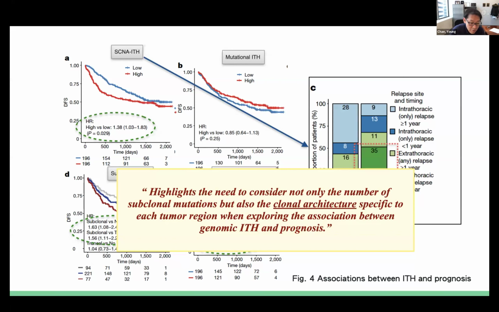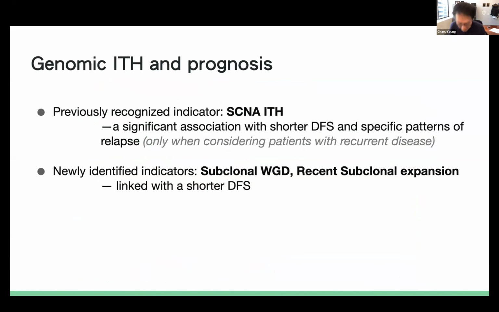But how do you know what's trunk, what's subclonal? In a single biopsy, that's a problem, right? I think it's the concept of multi-region sequencing that is required to figure out which mutations are truncal and subclonal, and that's an assumption. So there are more studies to follow, I guess.